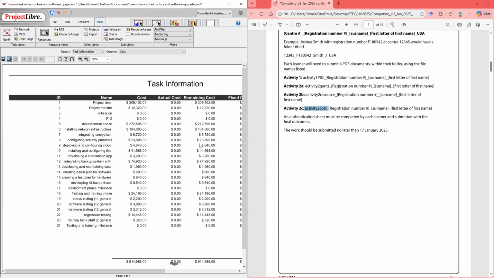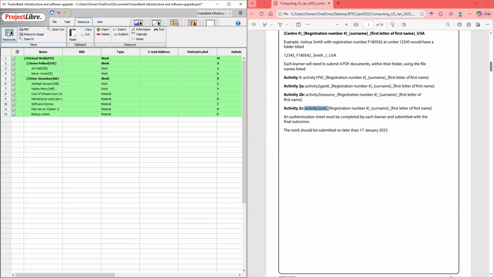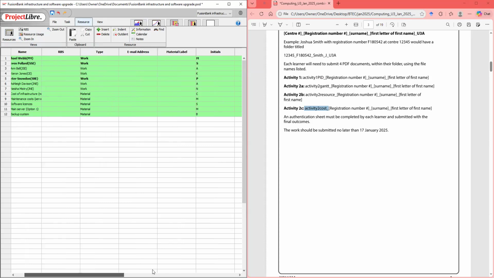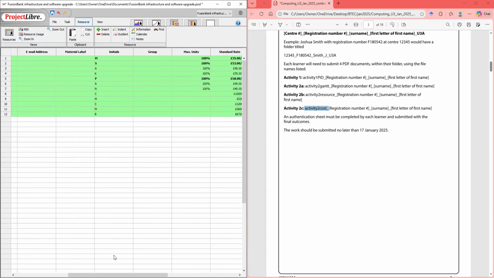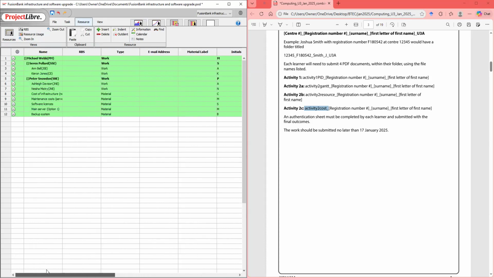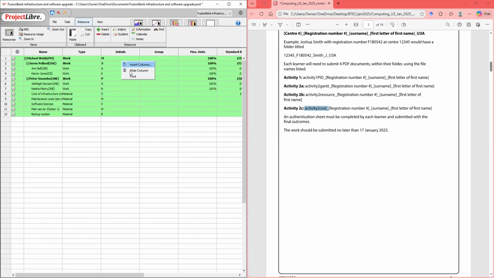Now, you need the resource list. All you have to do is click on the resource button, and look at that. That's your resource list. And how do we print it? Let's get rid of some of the noise here. We're going to get rid of RBS, hide that column, hide the email column, material label, hide that column. We don't need initials, hide that.